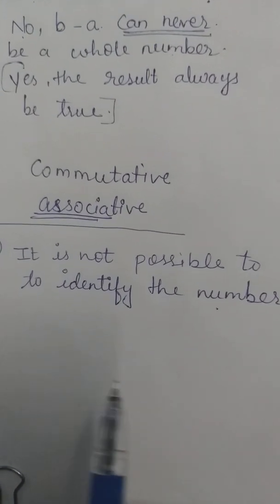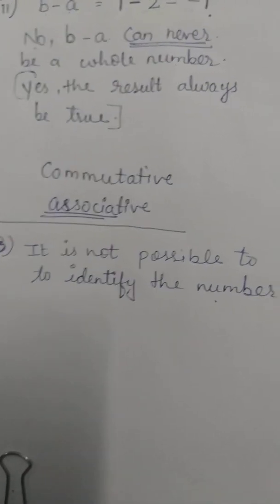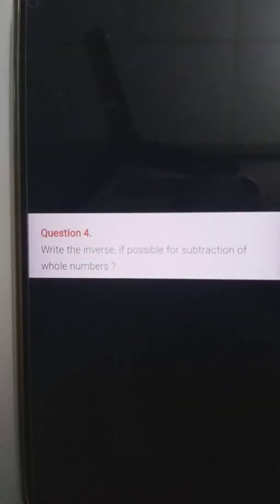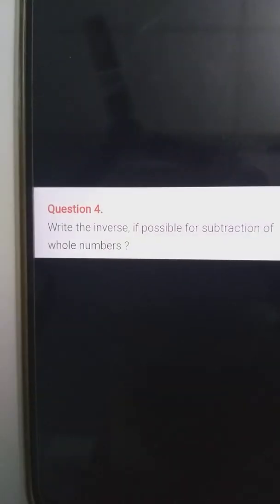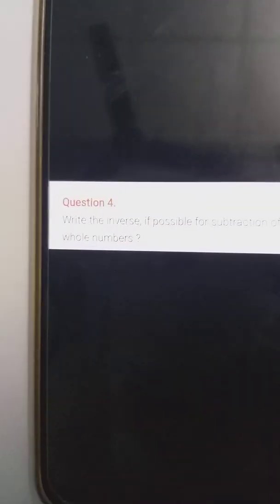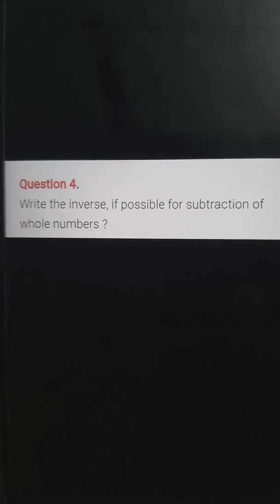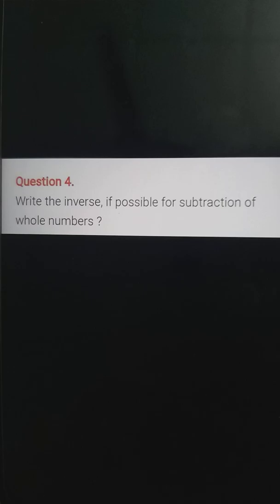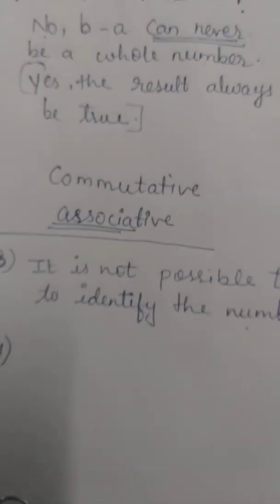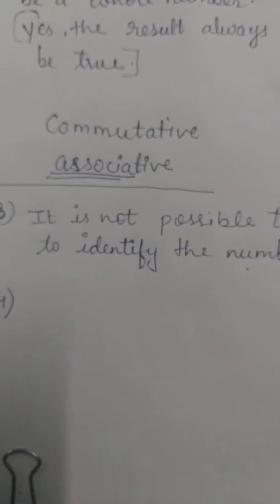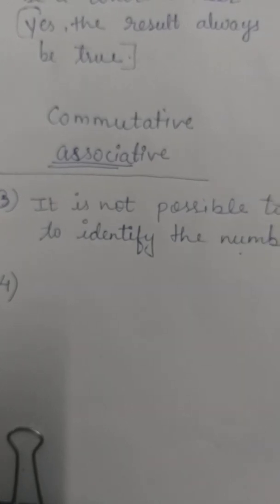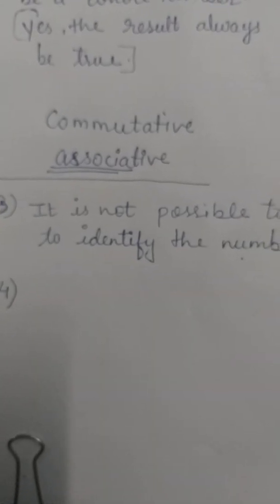Now next one. Question number 4. Write the inverse if possible for subtraction of whole numbers. Yes, the very last property. Just now I have taught you about the properties of subtraction, and this is the last property.